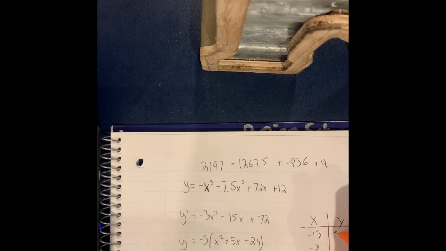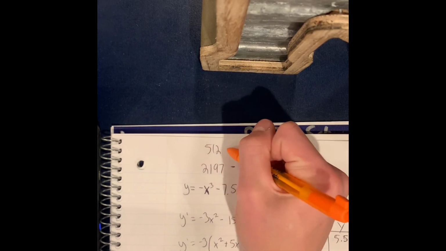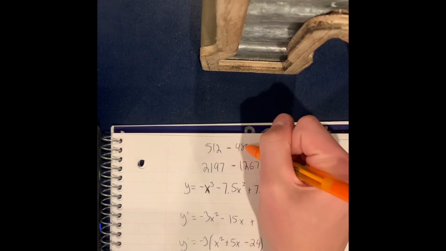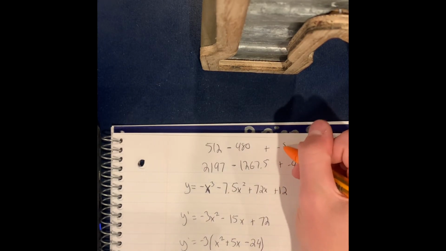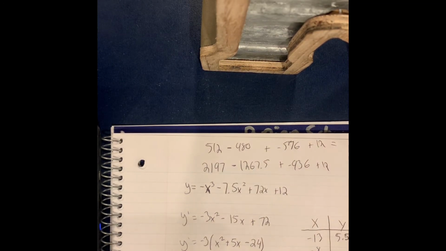At negative 13, there's a point of 5.5. Okay, at negative 8. 512 minus 480 plus negative 576 plus 12 equals negative 532.